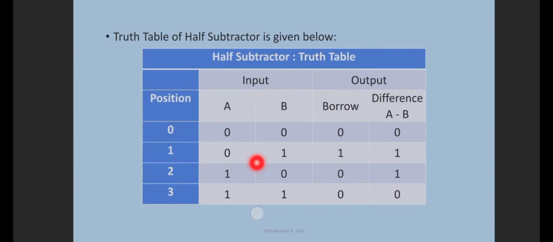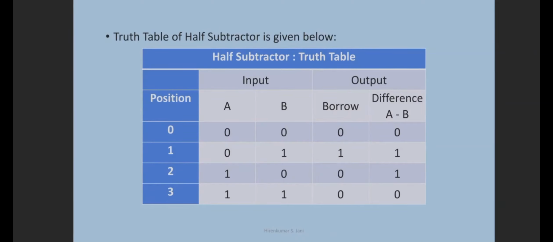The second case, 0 minus 1. The difference is 1 and the borrow is 1. The third case, 1 minus 0. The difference is 1 and the borrow is 0. And the last case, 1 minus 1. It will give difference as 0 and borrow as 0.